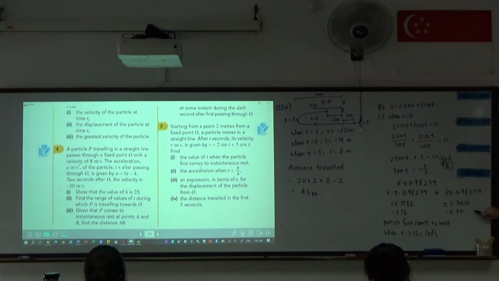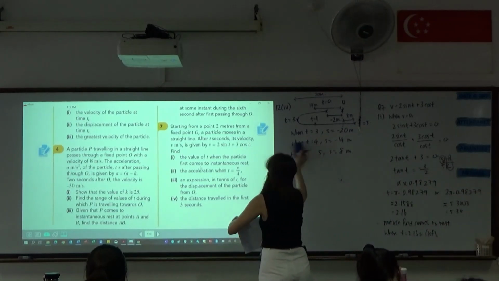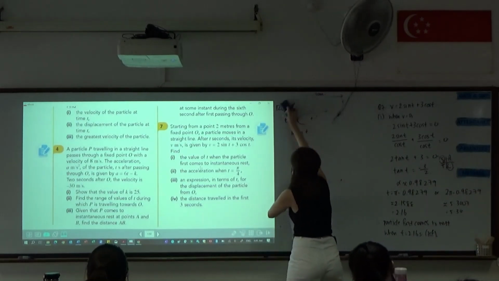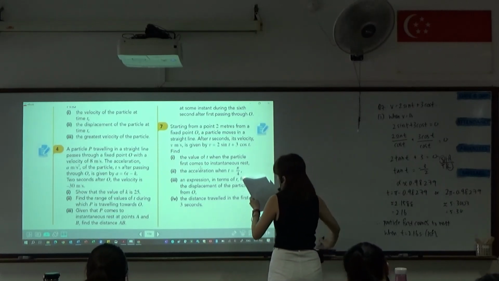In other words, 2 pi minus basic angle, we will get 5.30. The question wants us to find the value of t when the particle first comes to rest. So that will actually be 2.16 seconds. We do not take 5.30. Then for part 2, to find the acceleration, we will have to differentiate our velocity expression.